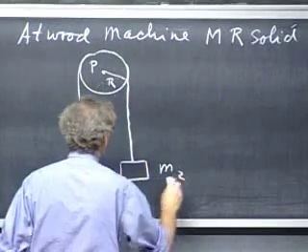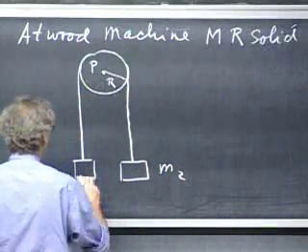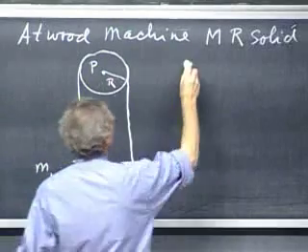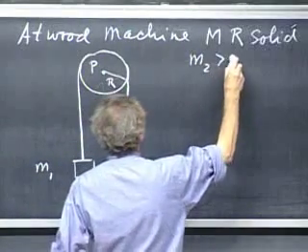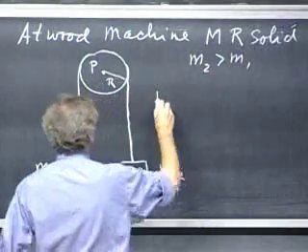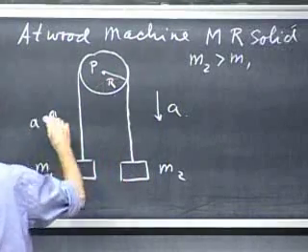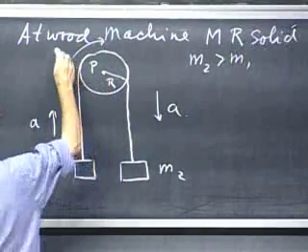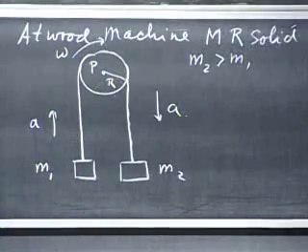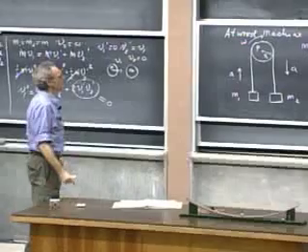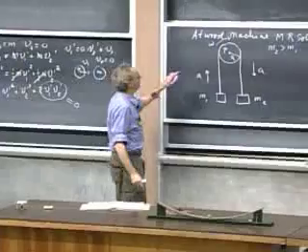Mass m2 is here, and mass m1 is here. And let's assume that m2 is larger than m1. So this will be accelerated in this direction, this will be accelerated in this direction, and this will start to rotate with angular velocity omega, which will be a function of time.